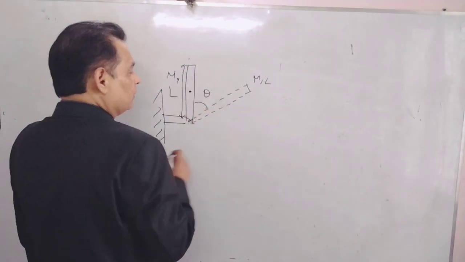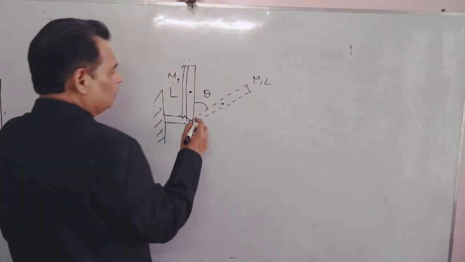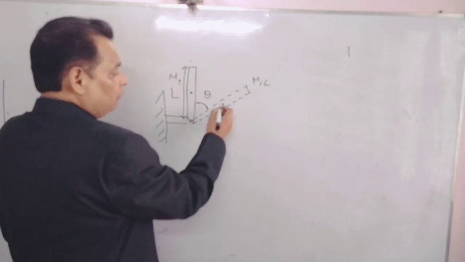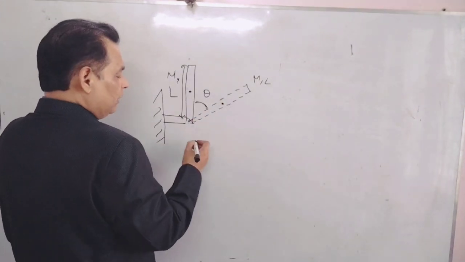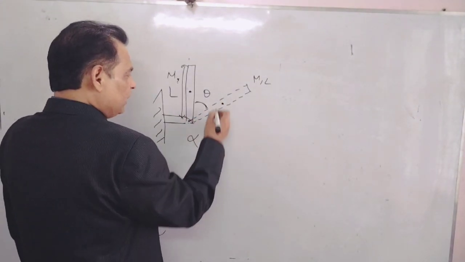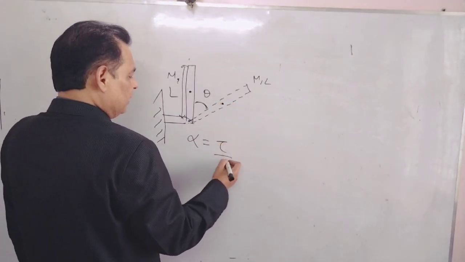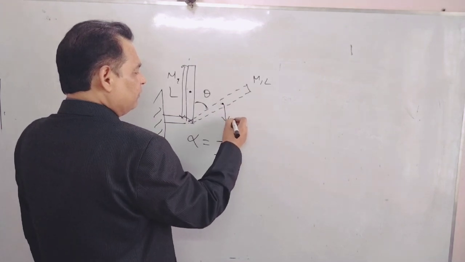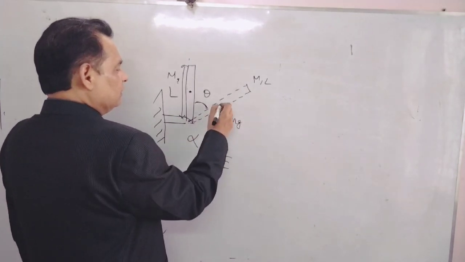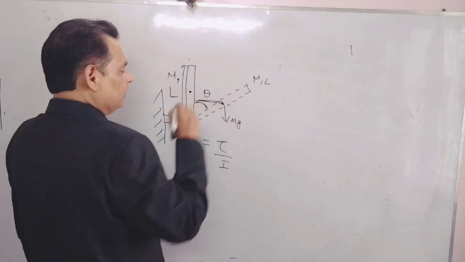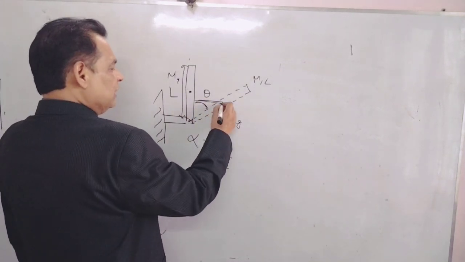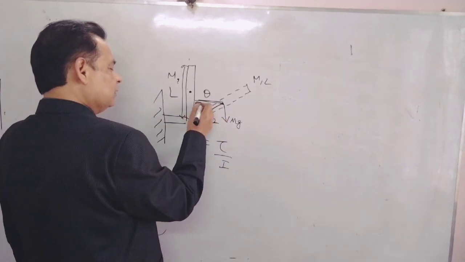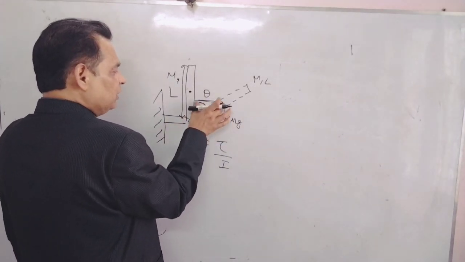If this rod is falling and the angle is theta, we can get the angular acceleration from torque at this position divided by I, the moment of inertia. Can you tell me about the torque? This mg is vertically downward, and its moment arm is L by 2 sin theta, the perpendicular distance.